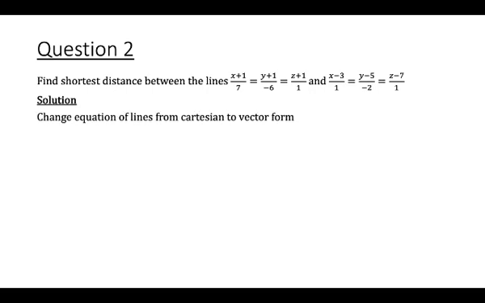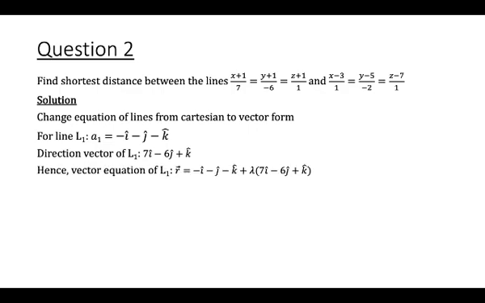Here first we will change the equation of lines from Cartesian equation to vector form. So vector equation of L1 is vector r equal to a1 plus lambda vector b1, and vector a1 is minus i minus j minus k and vector b1 is 7i minus 6j plus k.